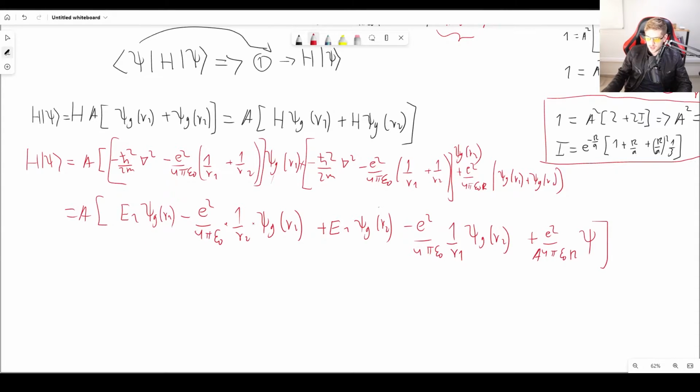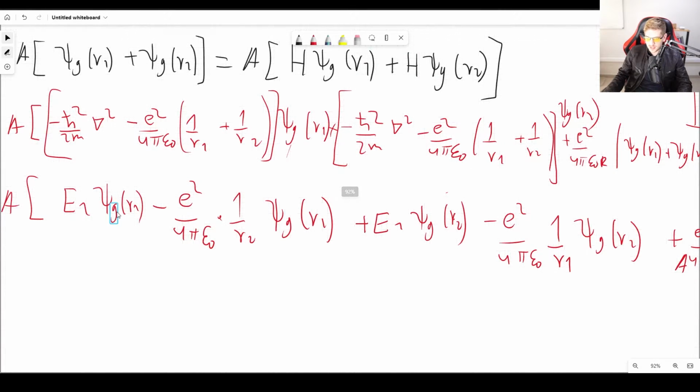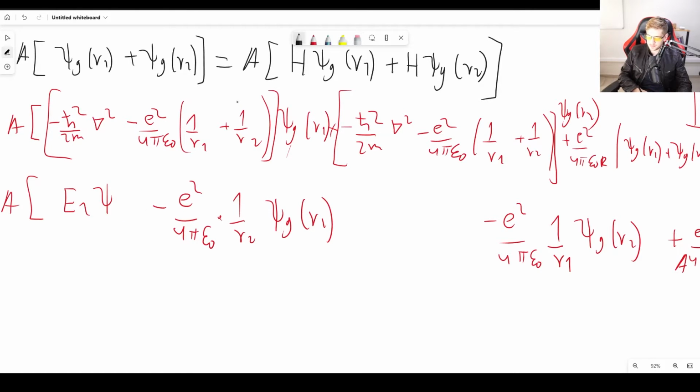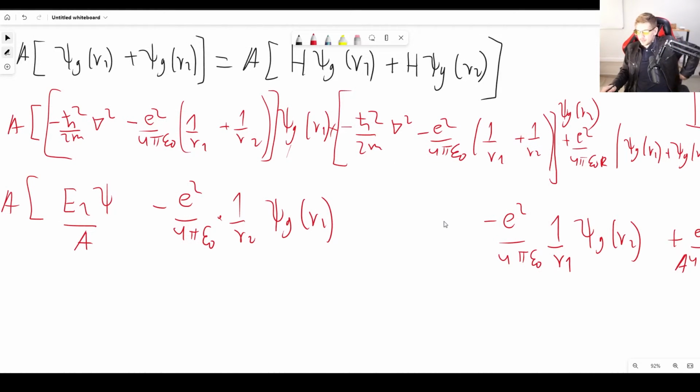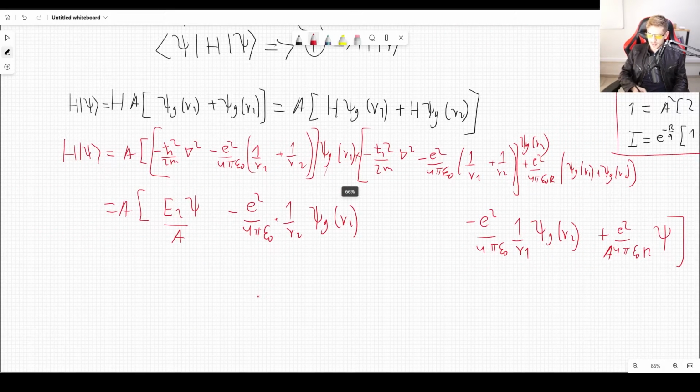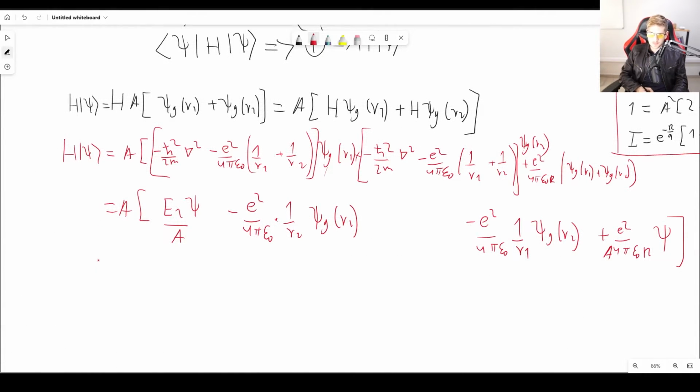Similarly, we have E1 times psi g r1 plus psi g r2, so we can factor it out as well and write it like this: psi divided by a. That just makes notation a little bit cleaner.